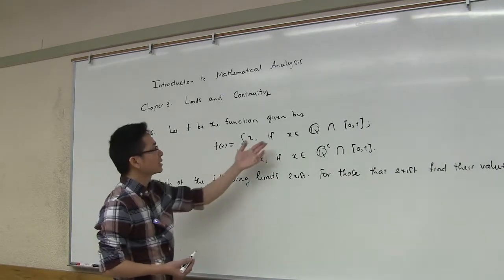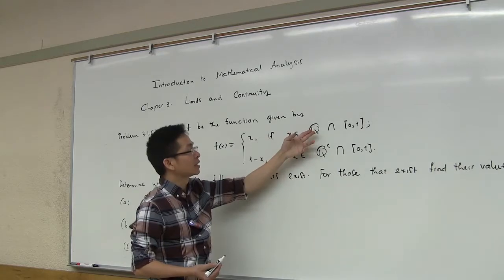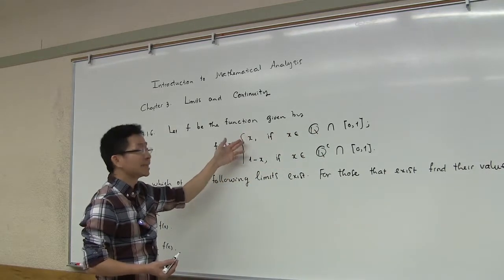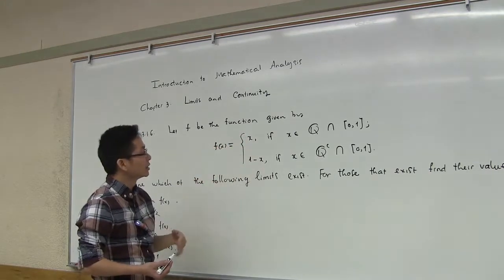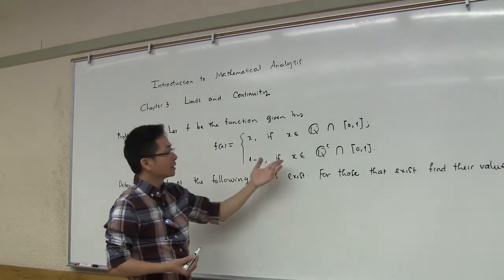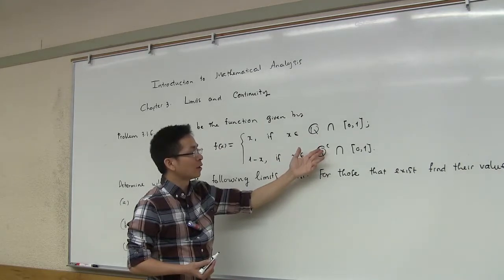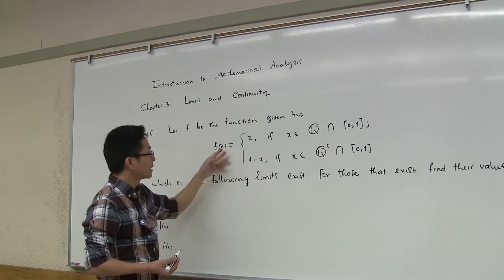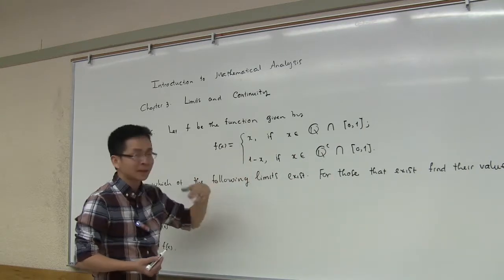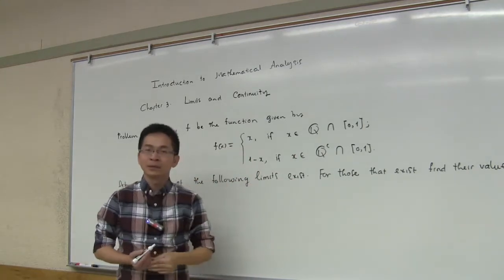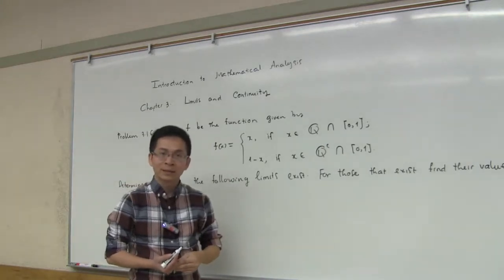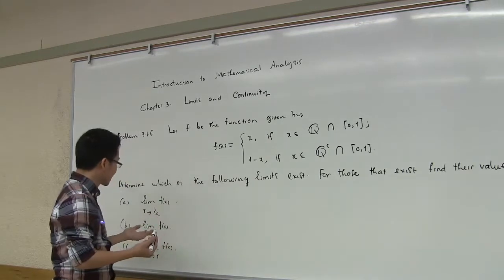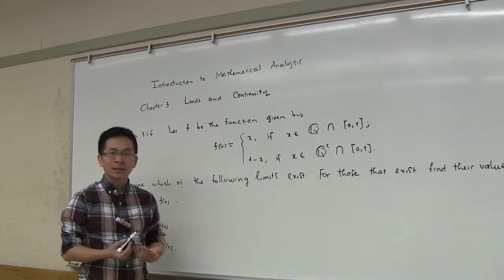Observe that if x approaches 0 and x is in the set of all rational numbers, then f of x here is x, so it approaches 0. While if x is in the set of all irrational numbers and x approaches 0, then f of x here is 1 minus x, so it approaches 1. Okay, so we predict that the limit of f of x as x approaches 0 doesn't exist.